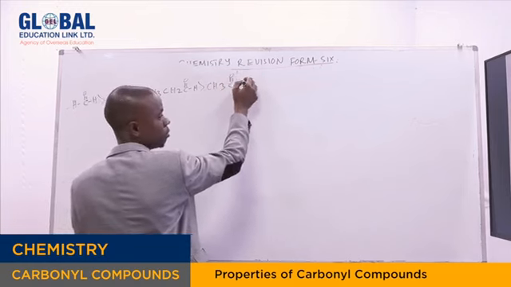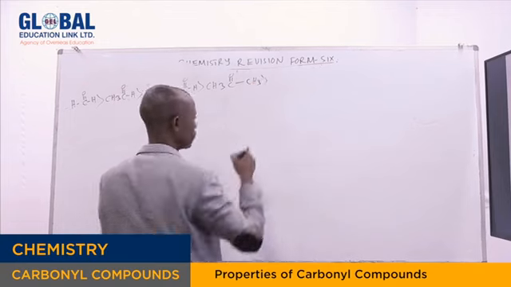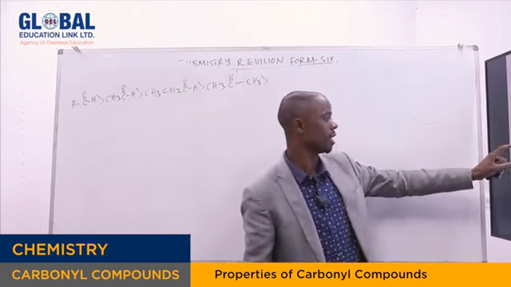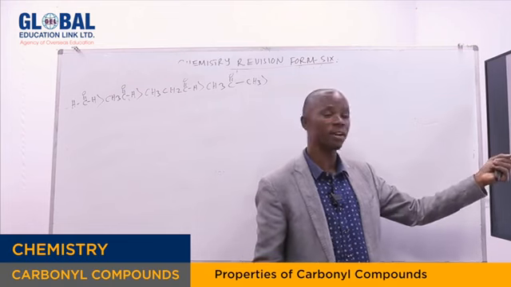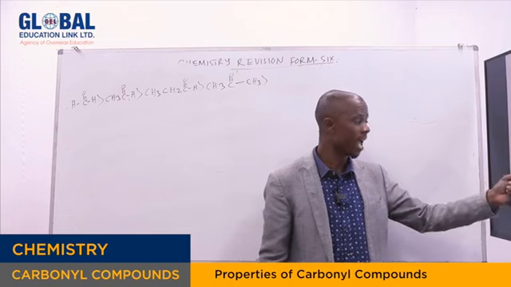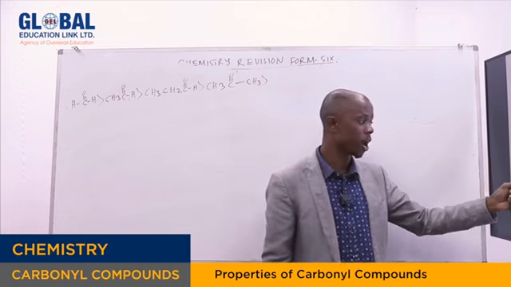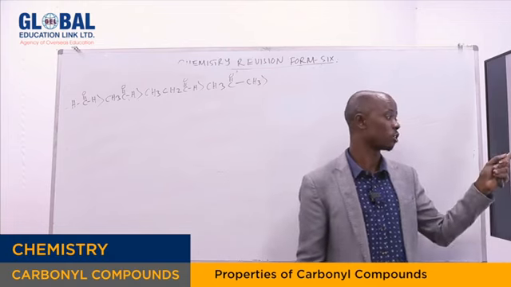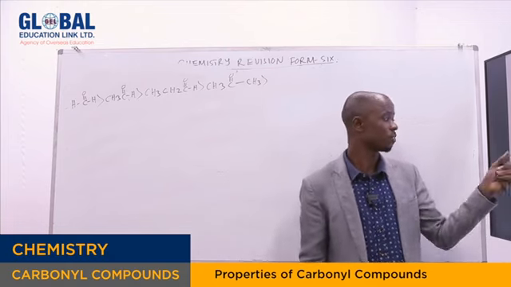Followed by, we remain with the two ketones, this one and this one. Here we have an ethyl group, but this one contains an ethyl group and a methyl group. This one contains fewer carbon atoms as compared to this one. So this one will be more reactive as compared to this one.